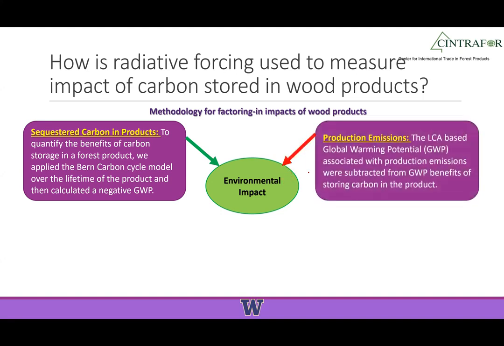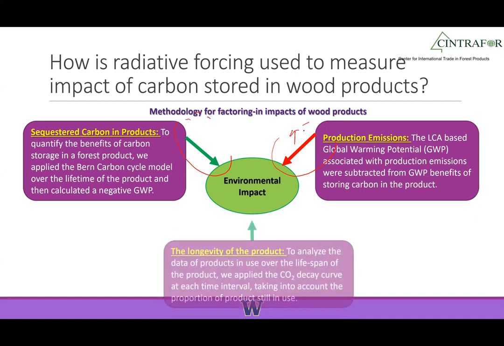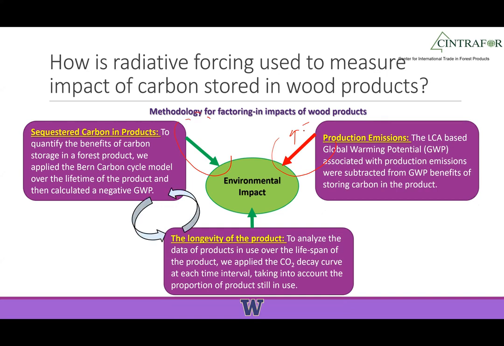Now, to be able to do that, we are also burning a lot of fossil fuel, producing fossil emissions. We are harvesting, we are transporting it all over, we are using glues and whatnot, and we are adding all the negative, and that's why it's red. So there's the positive, more carbon, and a lot of fossil emissions, the negative. The third aspect is how long we are keeping that carbon sequestered within the wood products.